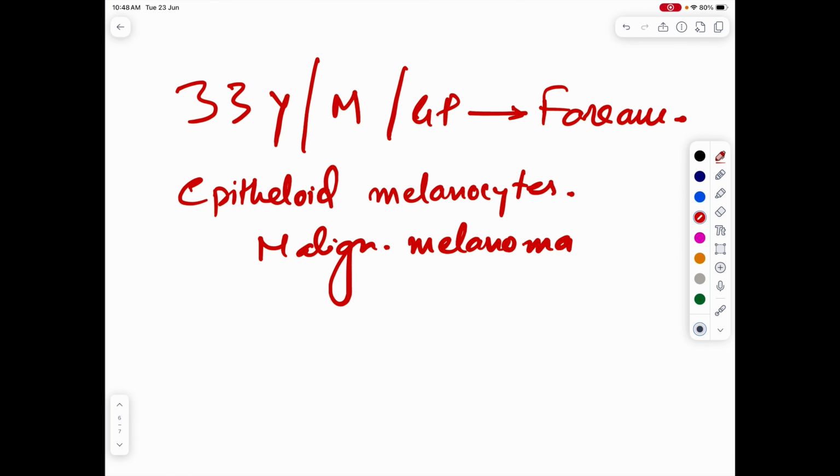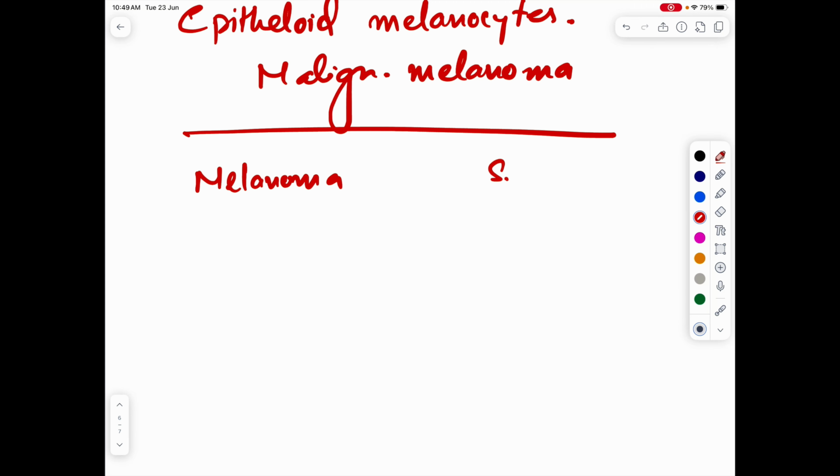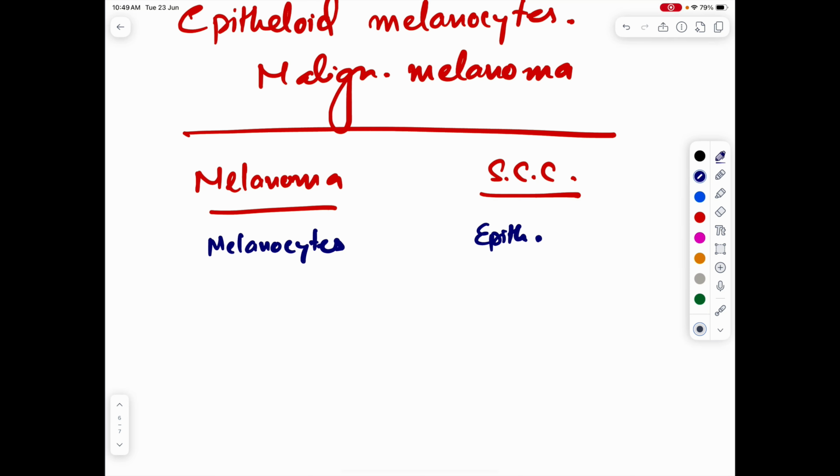Now what to do in this? What is the difference between melanoma and squamous cell carcinoma? Now we have to differentiate between the two. Melanoma is from the melanocytes, and squamous cell carcinoma is from the epithelial cells. The melanocytes are in the deeper layers, and these are the superficial layers.